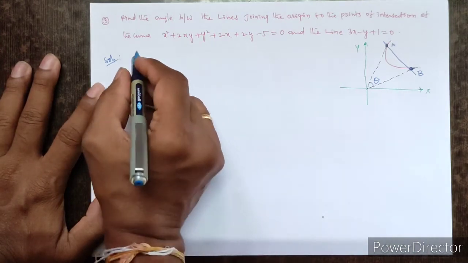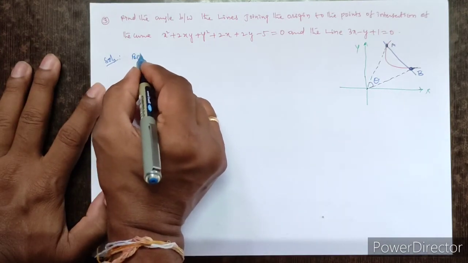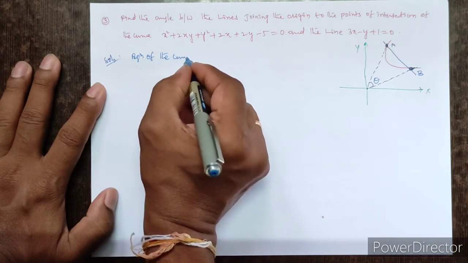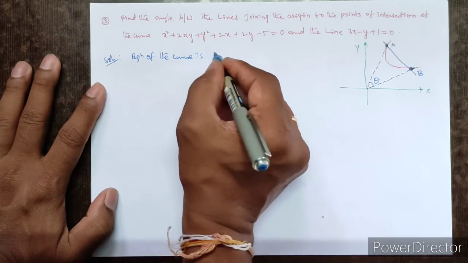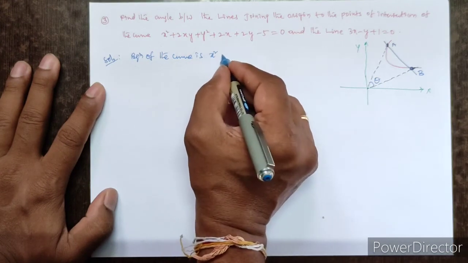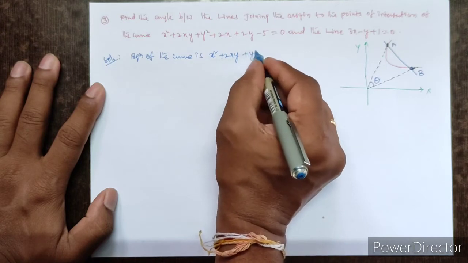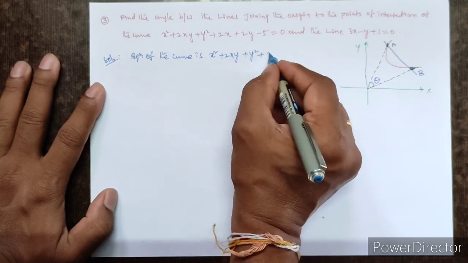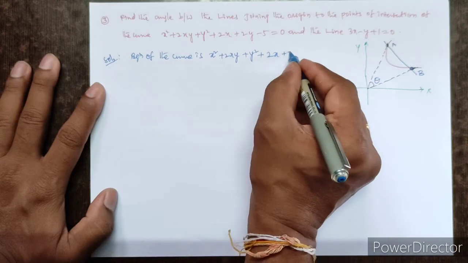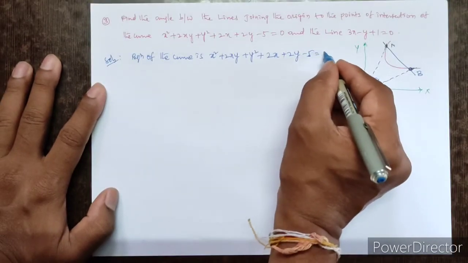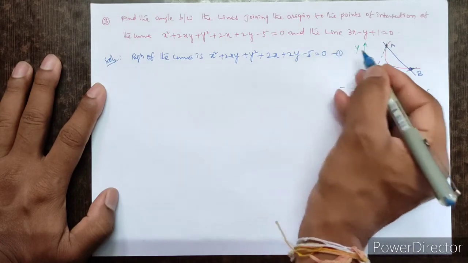So equation of the curve is x square plus 2xy plus y square plus 2x plus 2y minus 5 equal to 0. This is equation number 1.